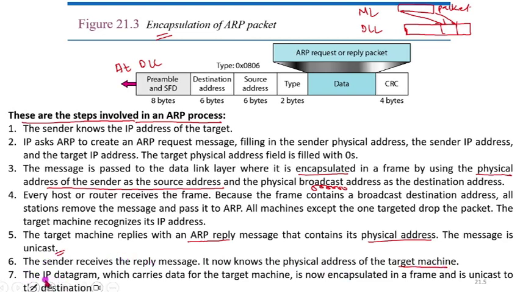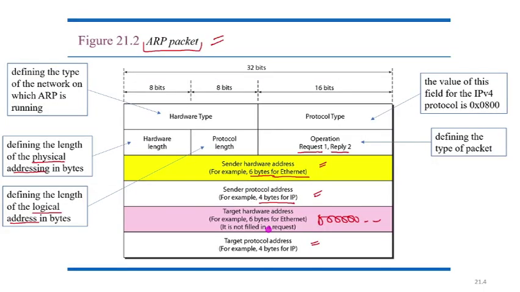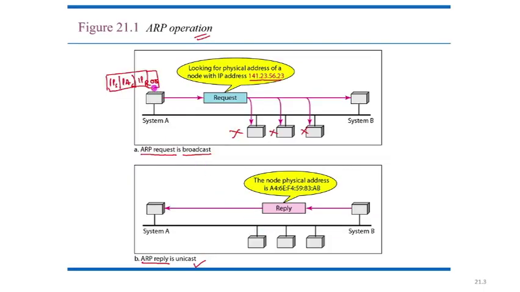Now the IP datagram, which carries data for the target machine, is encapsulated in frames and unicast to the destination. Instead of broadcasting the original data to everyone, once they have established the physical address of the destination, they unicast directly to that particular destination.